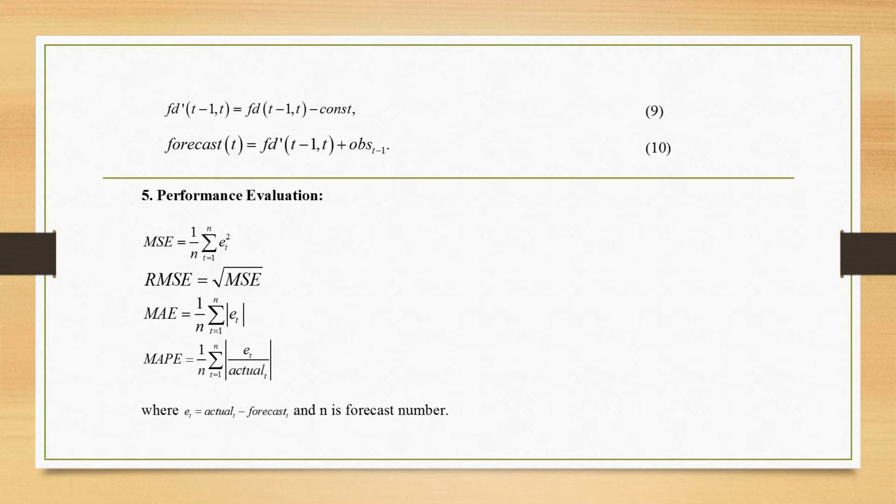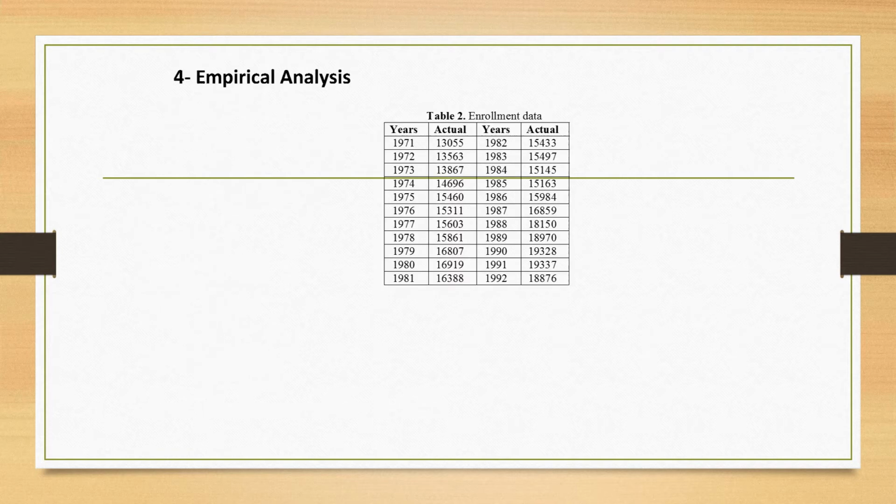Fifth, performance evaluation. For performance evaluation, the mean square error, mean absolute error, mean absolute percentage error, and root mean square error are calculated as follows. To demonstrate the model of the explained method, we use the enrollment data of University of Alabama, which is shown in table 2.